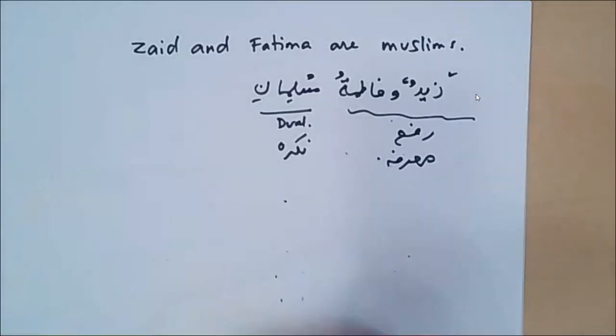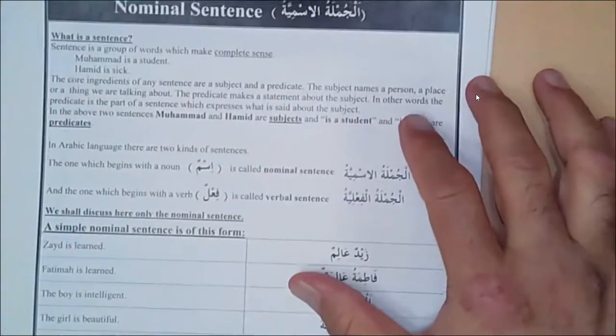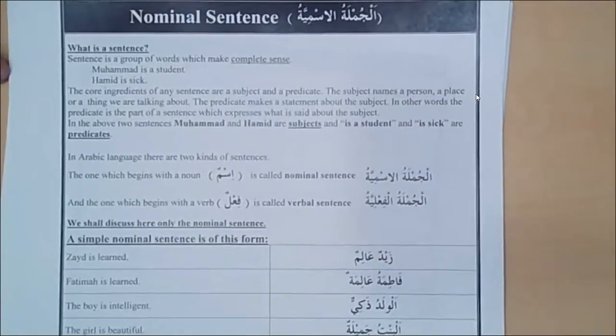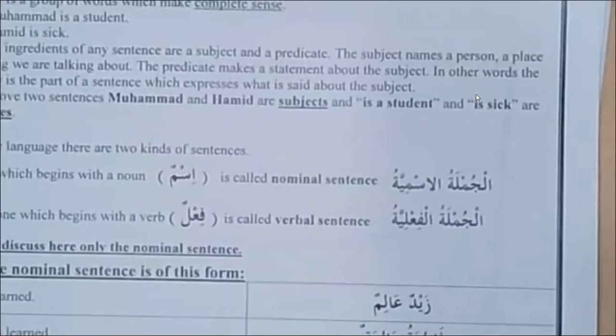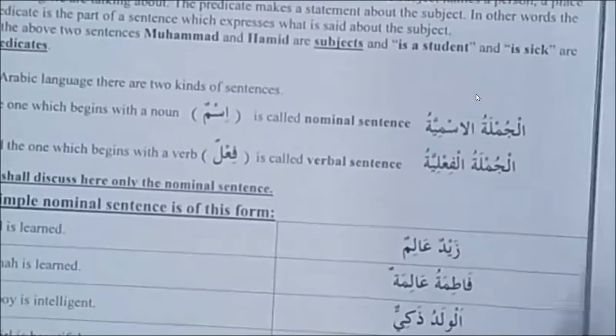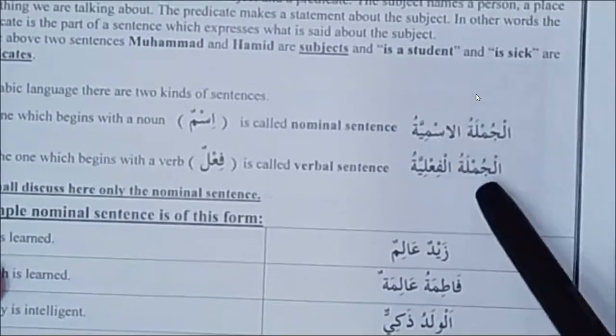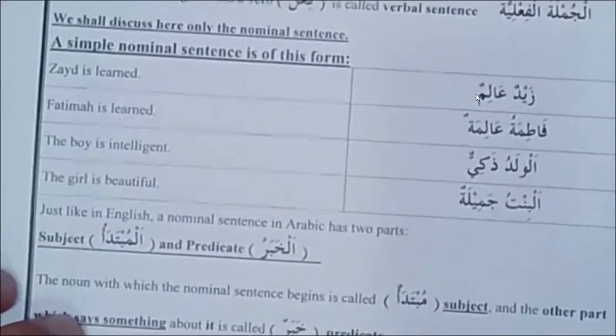Okay, so let me give you some information here. Can everybody see this? Let me see if I can increase the size. We talked about al-jumla al-ismiya and then al-jumla al-fi'liya. The jumla ismiya is the one we're talking about.